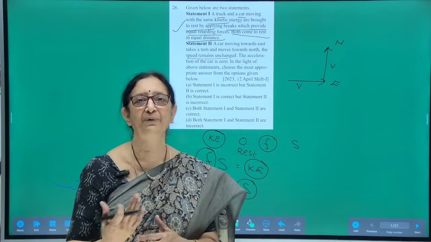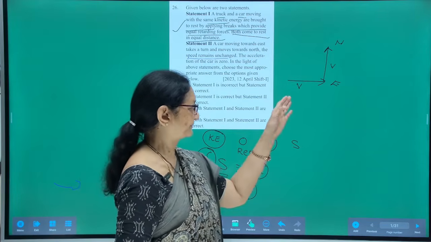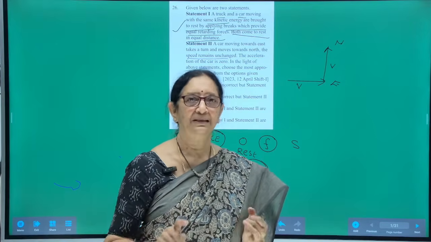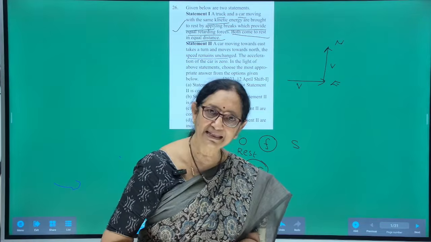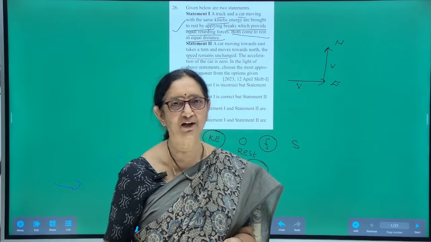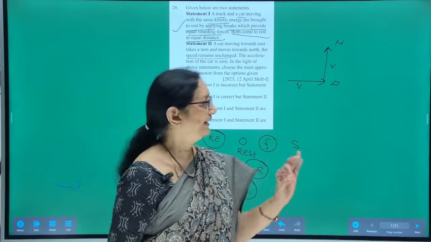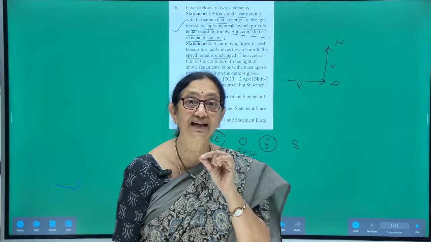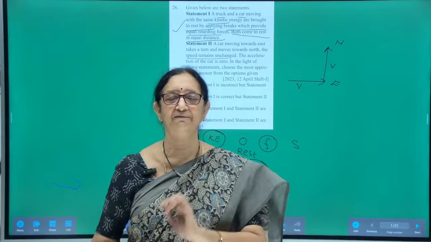Very obviously, velocity is changed, because velocity being a vector, change in magnitude causes change in velocity, change in direction causes change in velocity, and change in both also causes change in velocity. Here the magnitude of velocity, that is speed, is constant, but the direction of velocity is changed. So, there is a change in velocity.